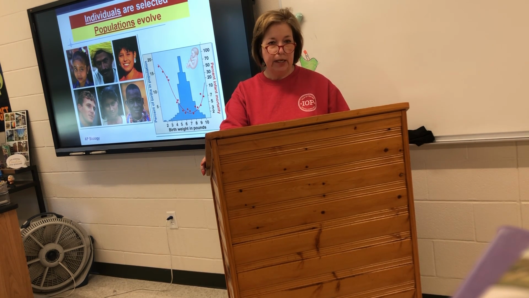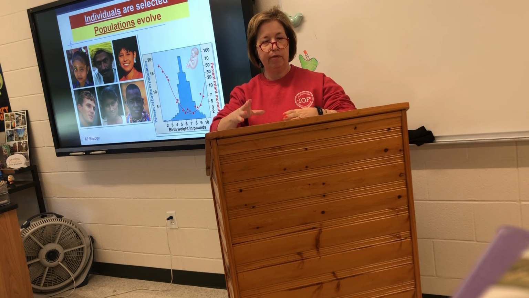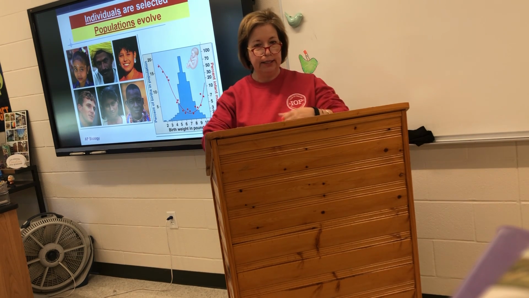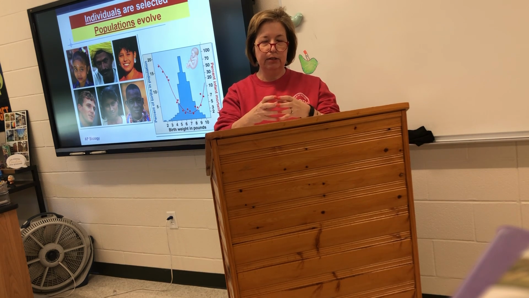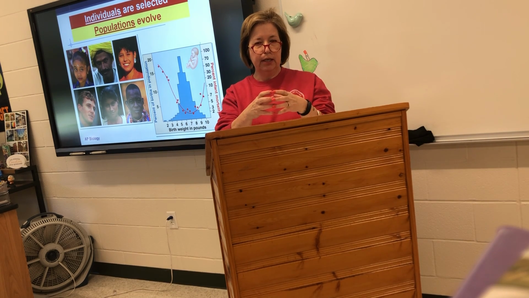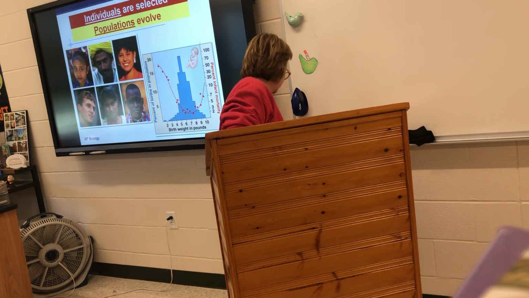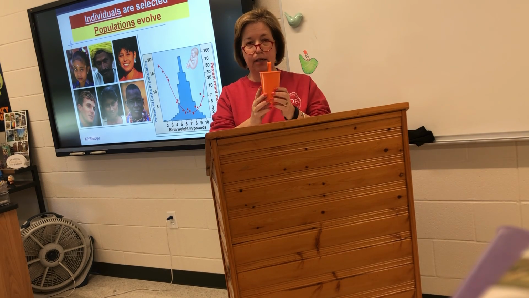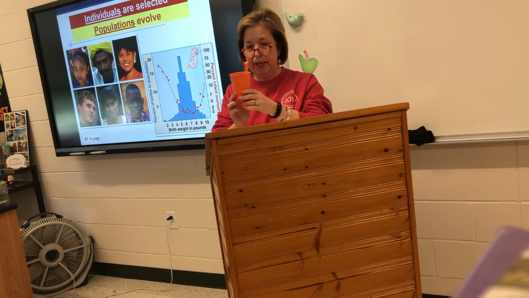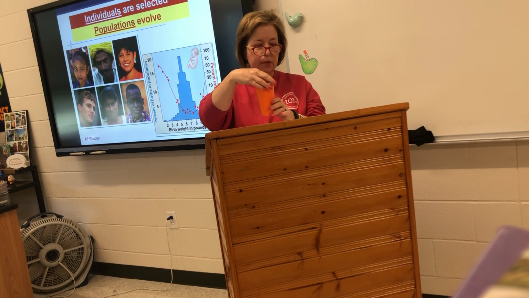All right, if we take a population, so we've established what a population is, and we think about that each member of the population has alleles for traits, we could toss all of their alleles into a container and we could say we have a pool of alleles. Here's a container right here. So if we consider our class as our population, I could take everybody's alleles in the class, pitch them in here, and we've got a pool of alleles.